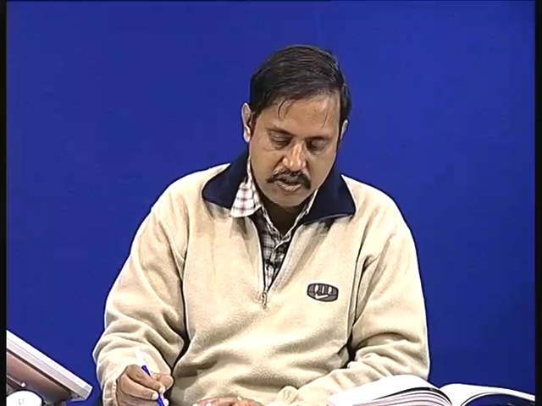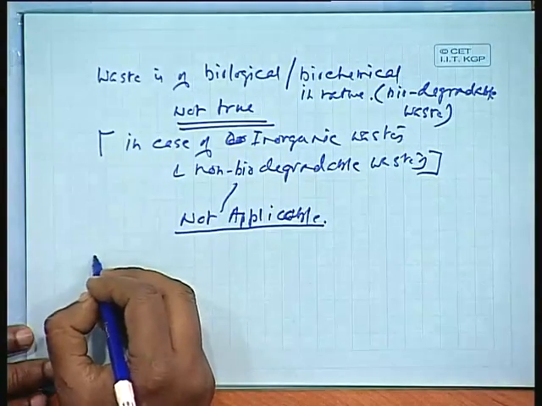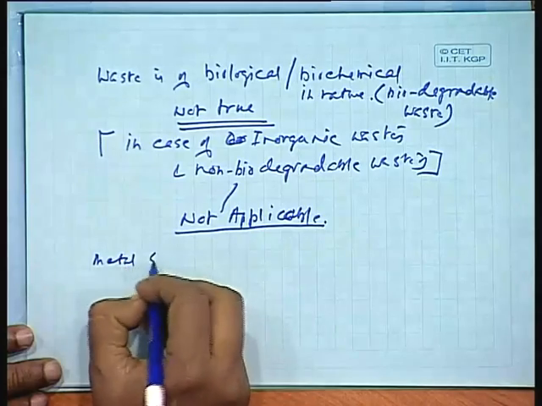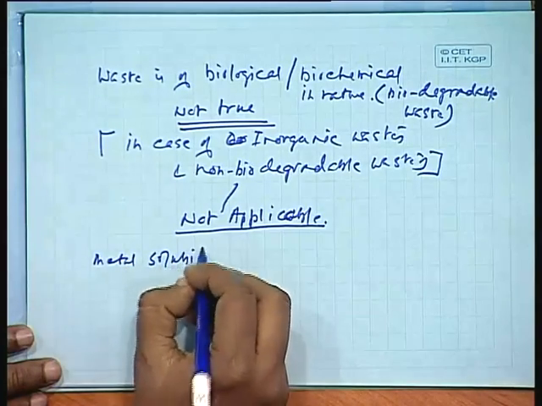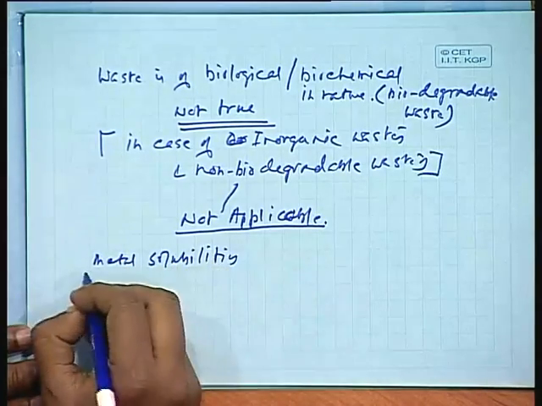Remember, even when it can decompose, it may not require oxygen. What is more important in such cases are the metal solubilities. We would see this in one of these classes.